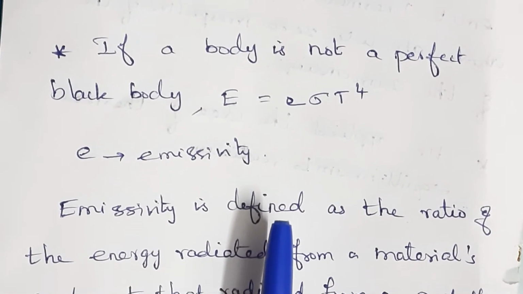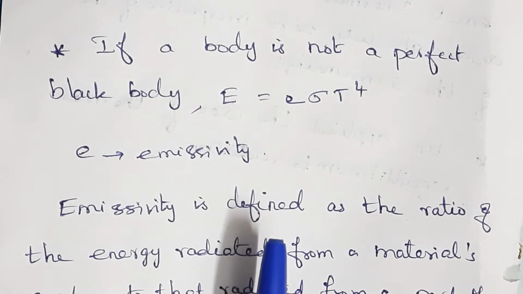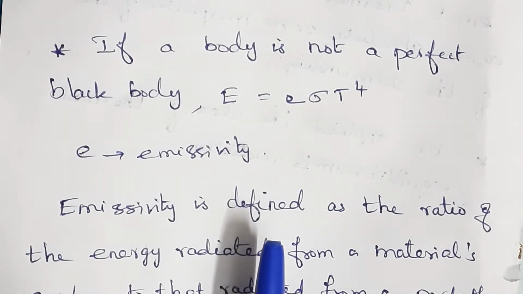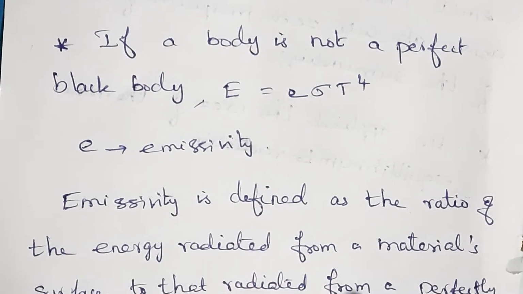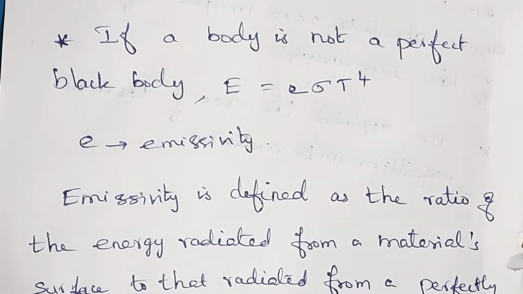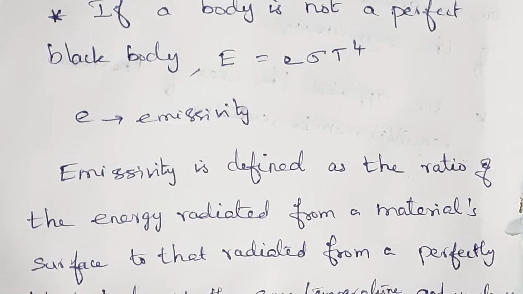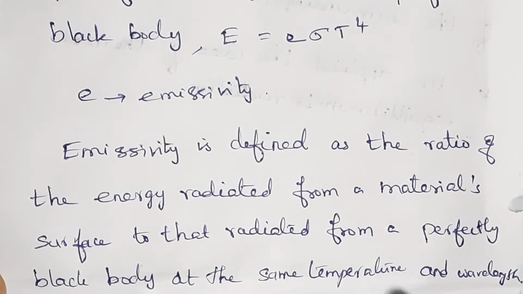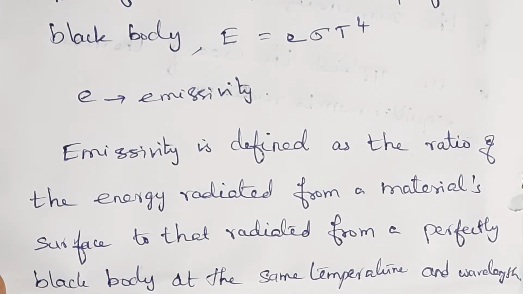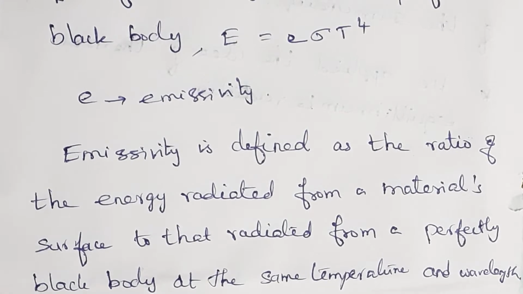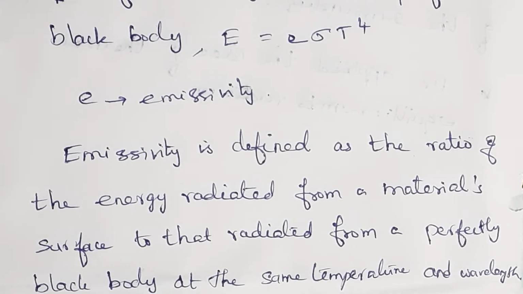Emissivity is defined as the ratio of energy radiated from a material surface to that radiated from a perfectly black body at the same temperature and wavelength. For a perfect black body, we write the Stefan Boltzmann law as only E is equal to sigma T power 4.